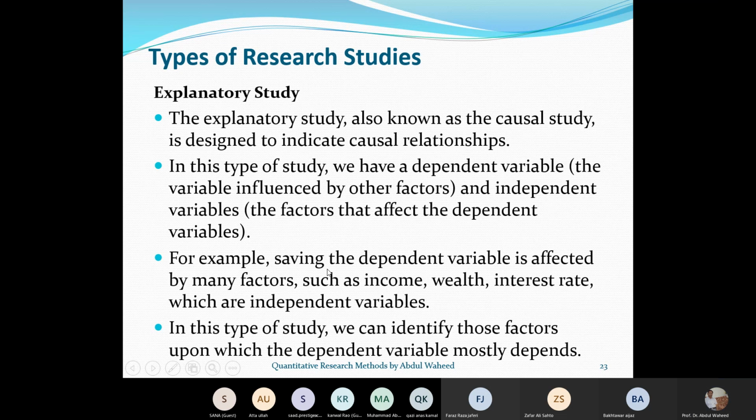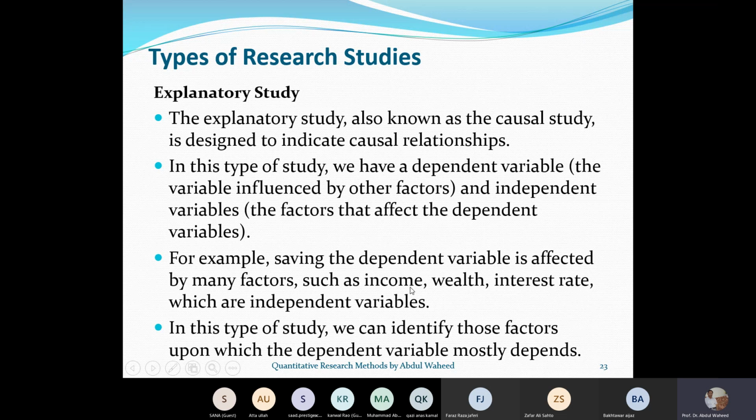Saving could be a dependent variable which is affected by many factors such as income, wealth, interest rate, which are independent variables. So you can make a saving function. Saving is a function of income, wealth, and interest rate. Basically, there is a relationship between saving and income.